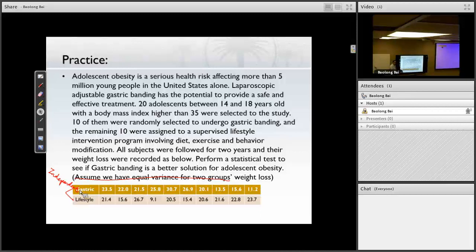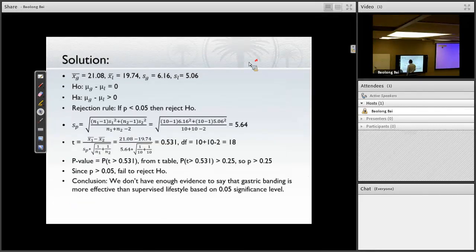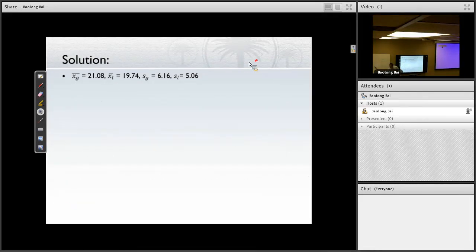There's no relationship whatsoever. One doesn't affect the other, they're independent. Independent will be two sample t-tests. Then in our class, I only focus on pooled variance. It's very sensitive.